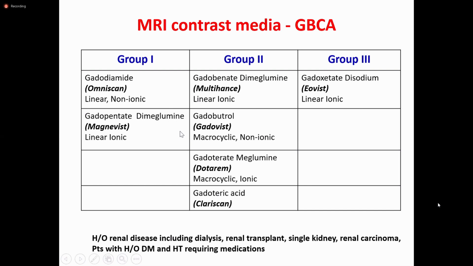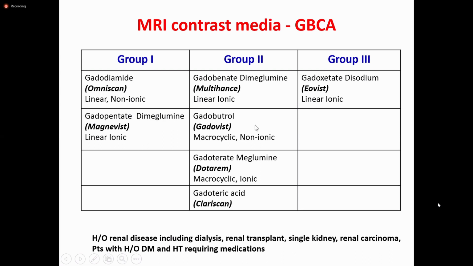But you should decide and coordinate with the radiologist as to what contrast examination is required. So what contrast do I give? Now, there are 3 different classifications, group 1, group 2, and group 3. You have gadodiamide and gadopentetate dimeglumine, that is Magnavist. Contrast is either linear or macrocyclic, based on the molecular structure, and based on the charge, either non-ionic or ionic.